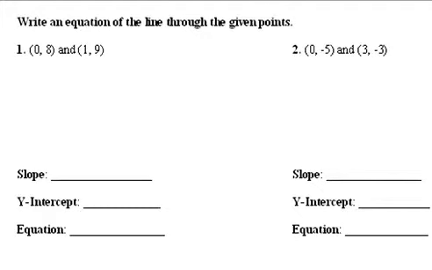Now, you're going to find on your homework where you'll be asked to write an equation of the line through these given points. In this case, I can't count to find the slope, so you're going to have to use the formula. So you would use y2 minus y1 over x2 minus x1. I'm a big fan of labeling those points.